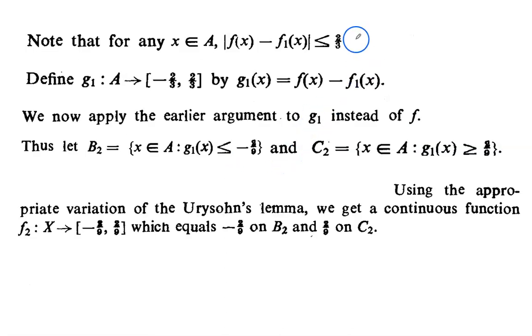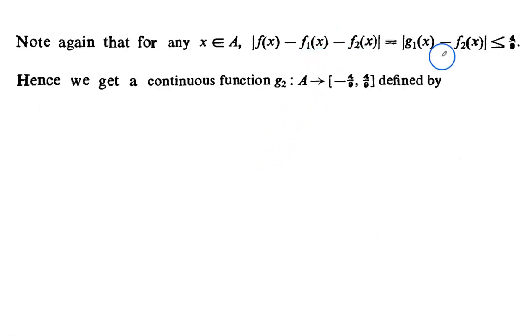In this construction, we have already observed that modulus of f of x minus f1 of x is less than or equal to 2 raised to 1 by 3 raised to 1. Similarly, we have already observed that modulus of f of x minus sigma i varying from 1 to 2 fi of x is less than or equal to 4 by 9, which can be expressed as 2 square by 3 square.